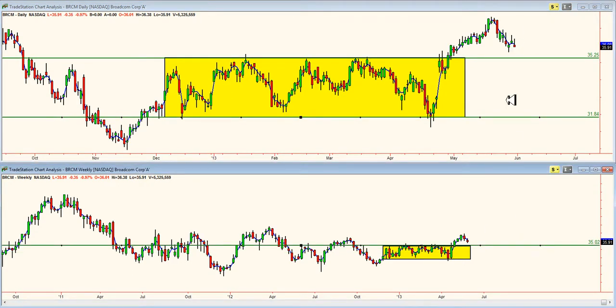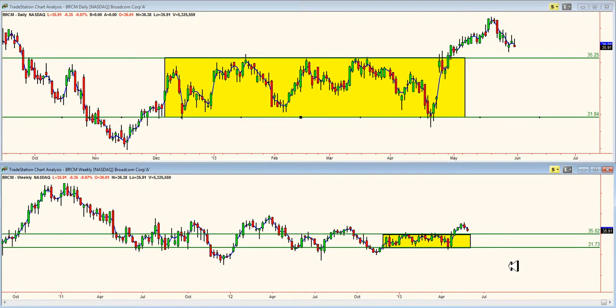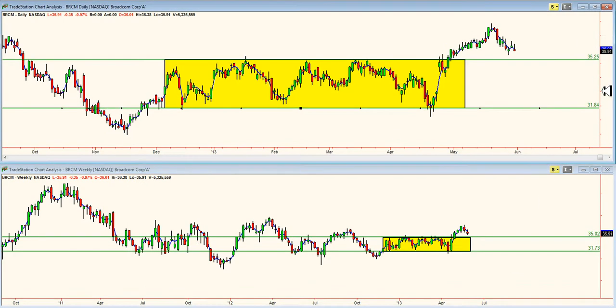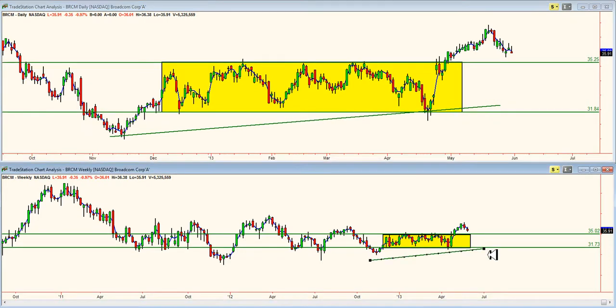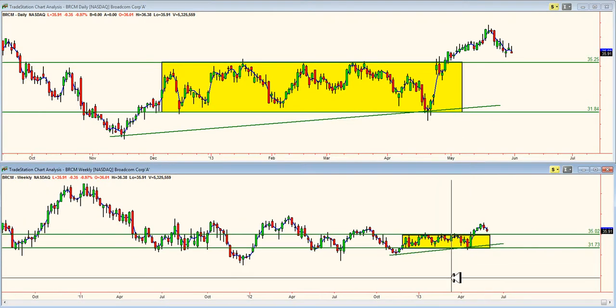Had a nice solid move up on Broadcom. Now in this particular instance, there's not much of a trend here, and the reason is because the consolidation was so long. There's really no trend. You simply do have a point where there's a higher low at the bottom of this box, and you can see that here on the weekly as well.